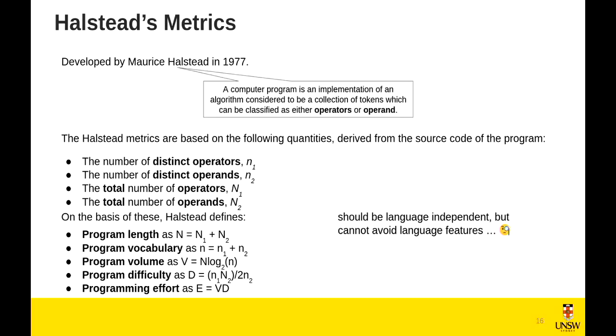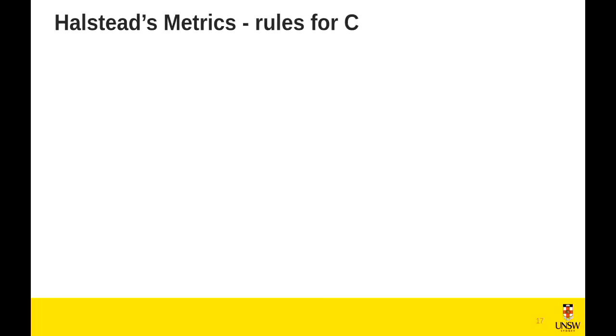So for different programming languages, we may have different rules for counting the number of operands and operators, because everything is determined by them. So let's have a look at the rules for the C programming language.